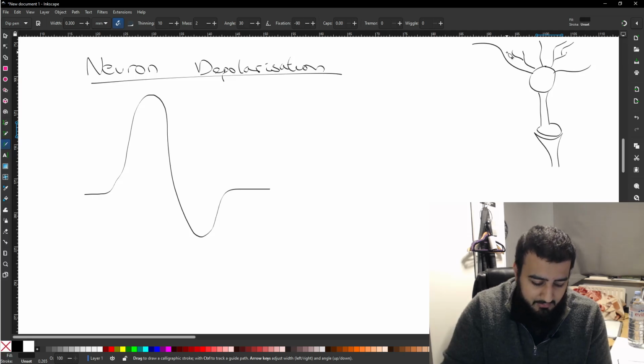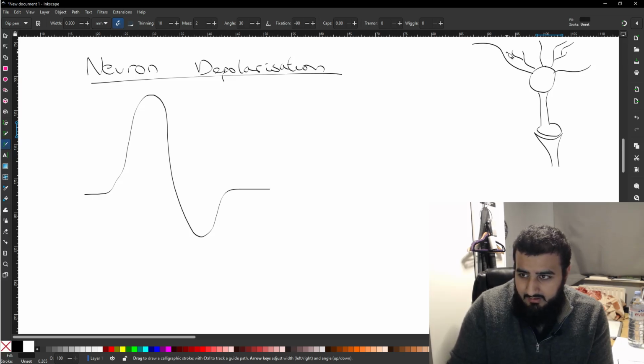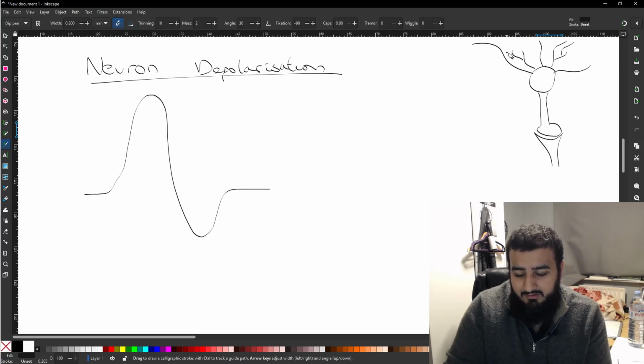Stuff to research if you don't know, but I'll probably make a video on it, involving saltatory conduction and myelin sheaths, etc. But for now, the summation of the inputs from the dendrites decides whether the neuron will fire or not.